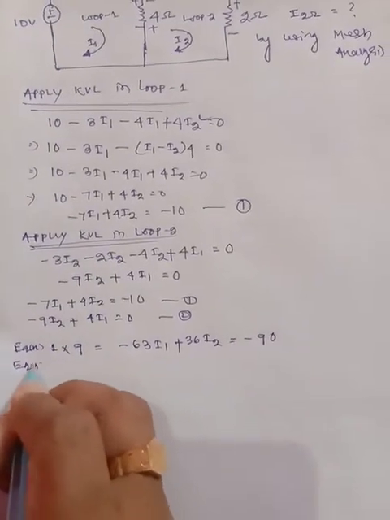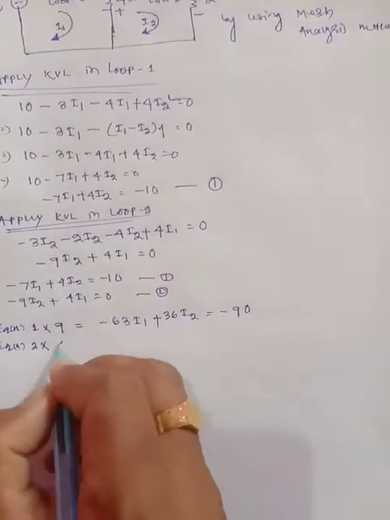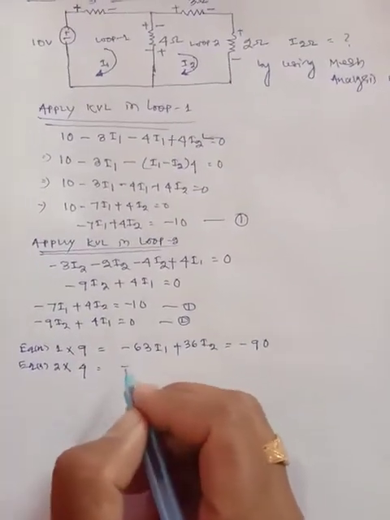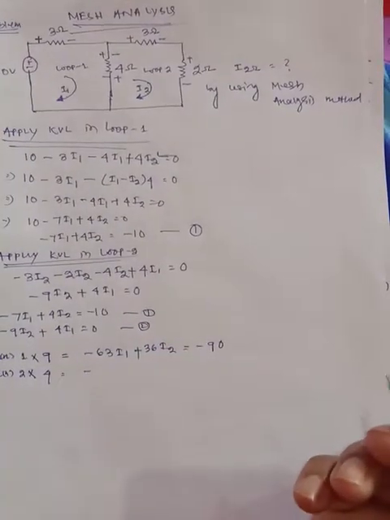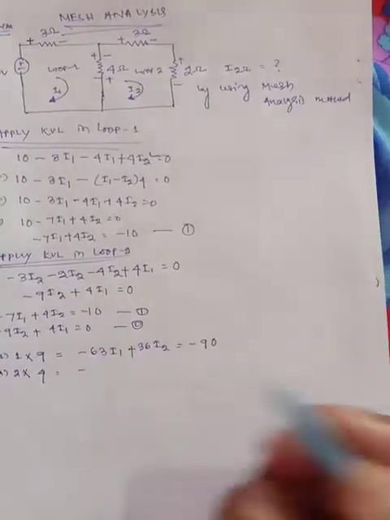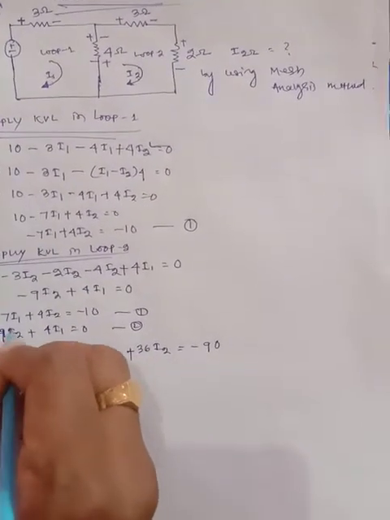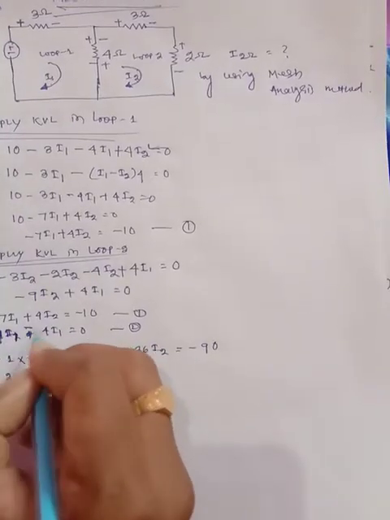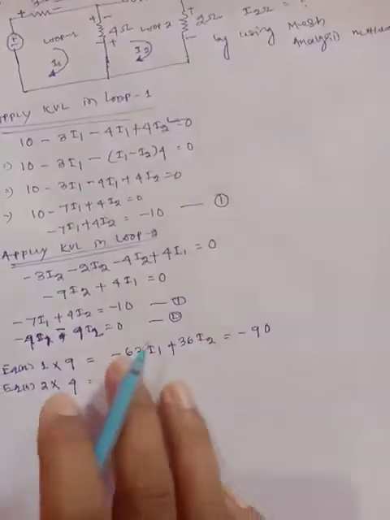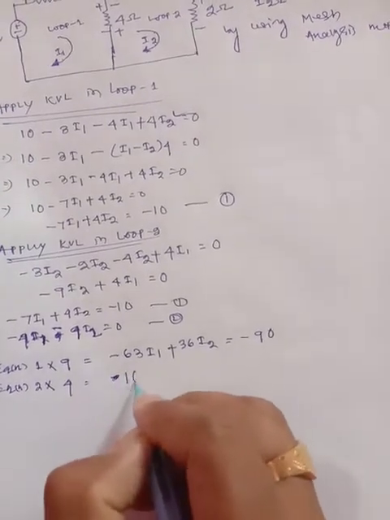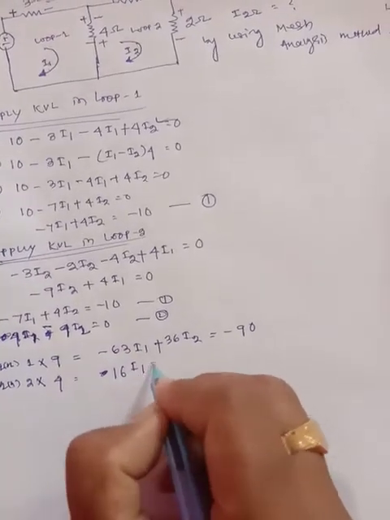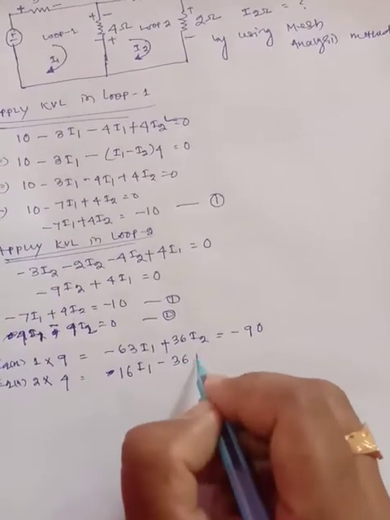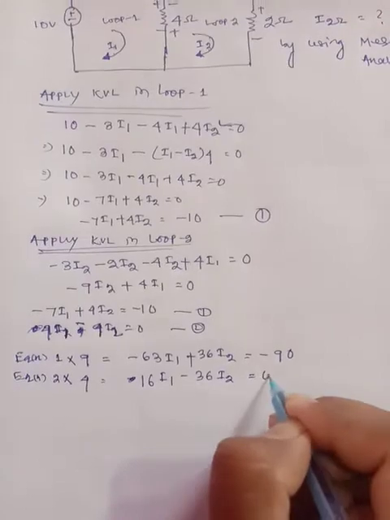Equation 2 into 4: 16I1 minus 36I2 equals 0.